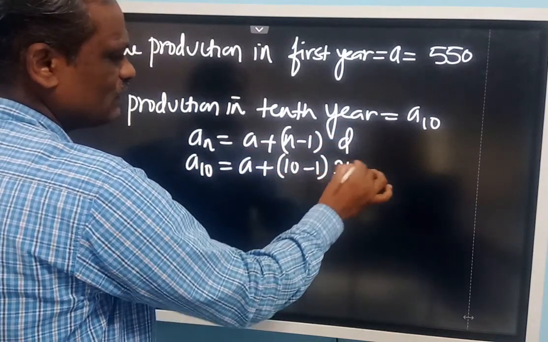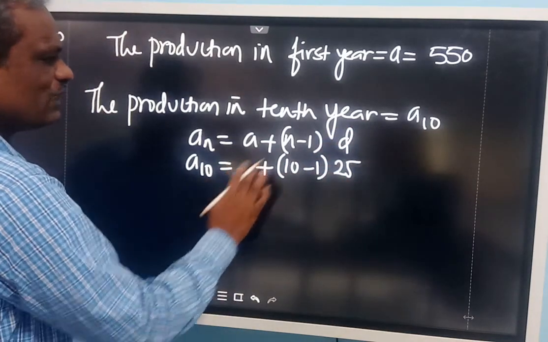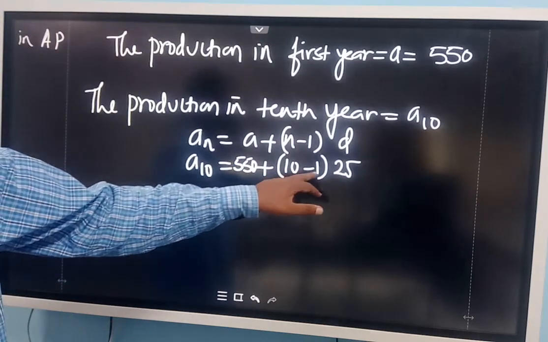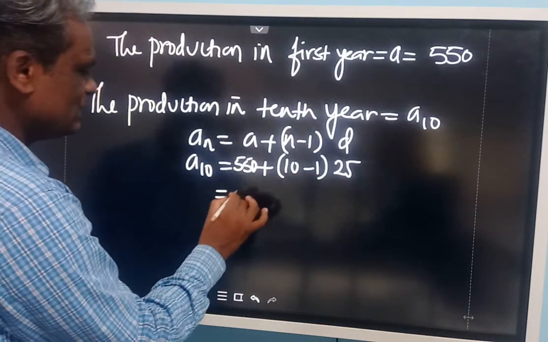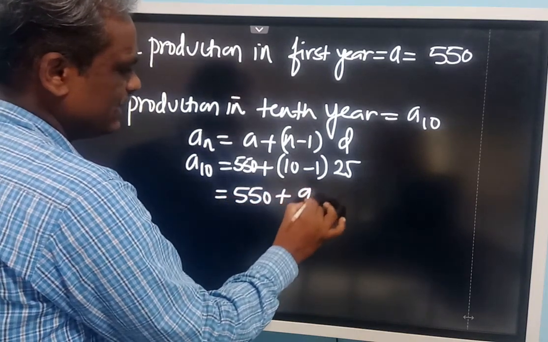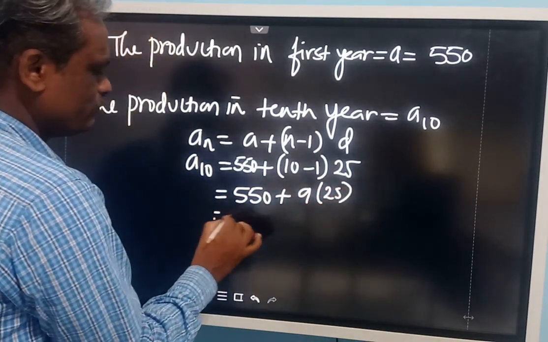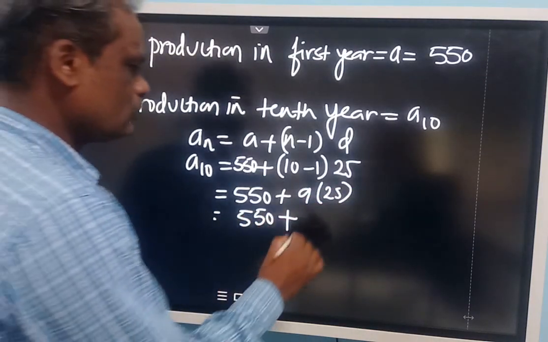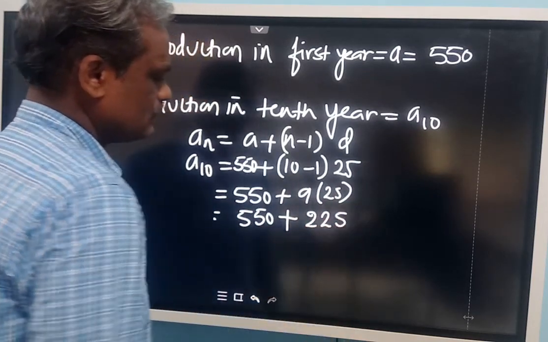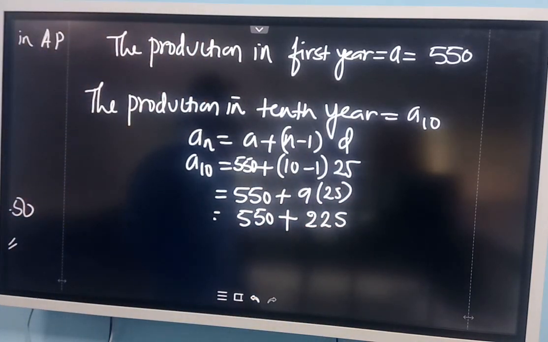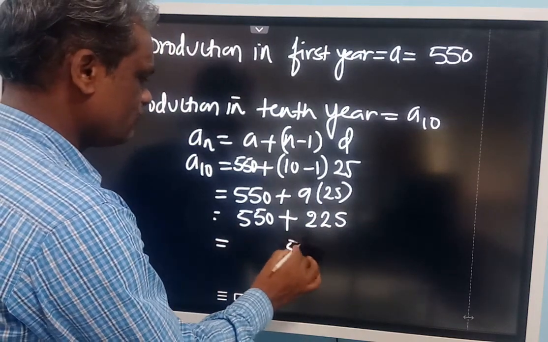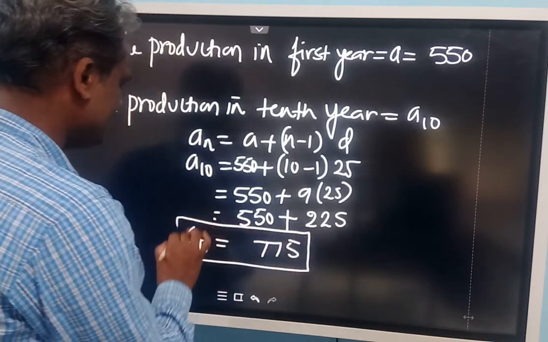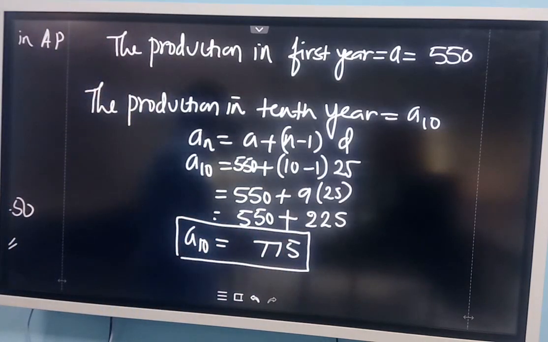The first term is 550 and d is 25. Simplify: 550 plus 9 into 25, so 550 plus 225. The sum of these two gives you 775. So the production in the 10th year is 775.